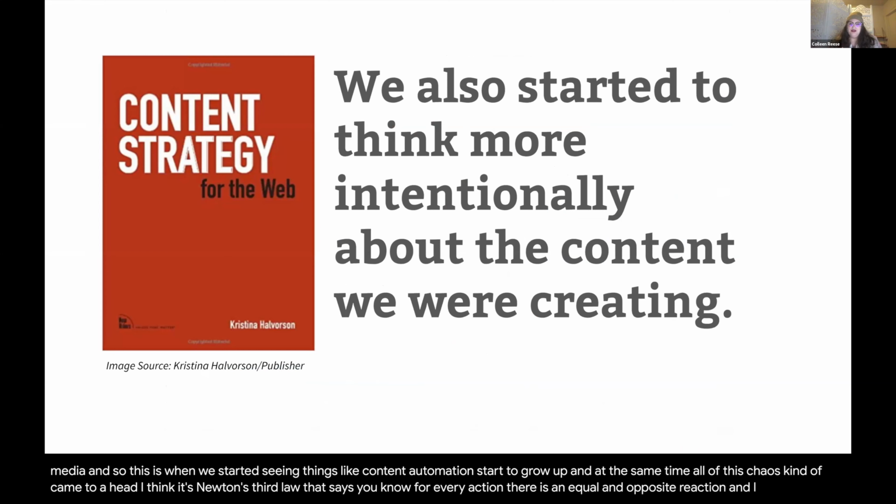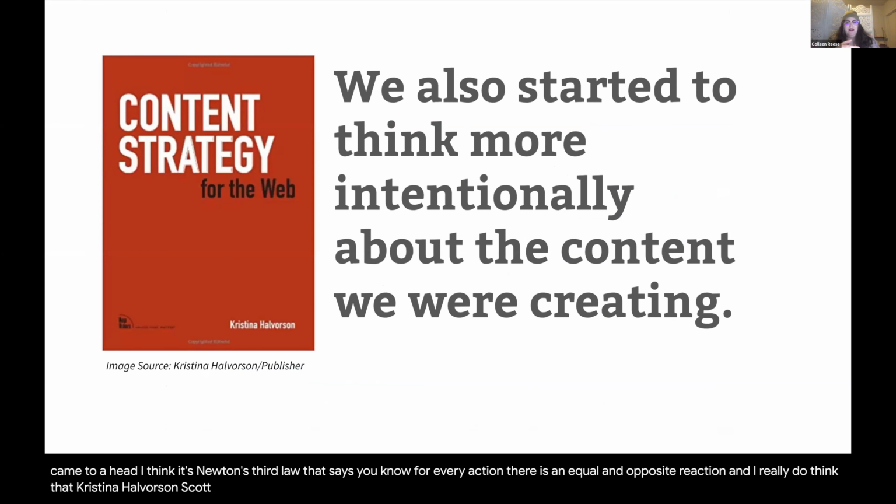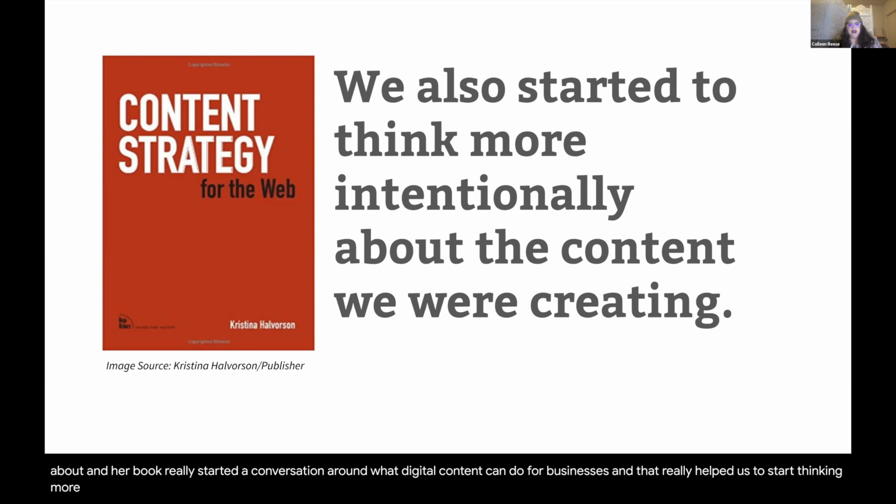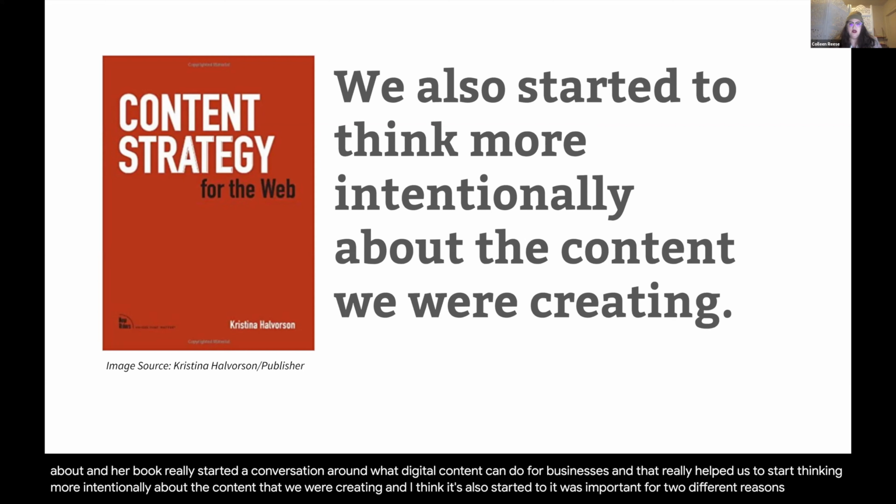And I really do think that Christina Halvorson's Content Strategy for the Web, which came out around the same time as this 2010s content chaos, and her book really started a conversation around what digital content can do for businesses. That really helped us to start thinking more intentionally about the content that we were creating. And I think it was important for two different reasons.